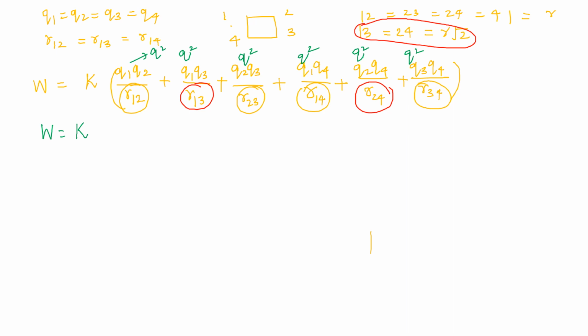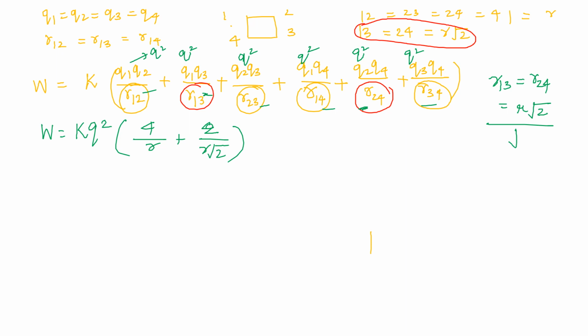As these are the same, all the Q squares come out, Q square into 4 terms of 1 upon R, plus 2 terms of 1 upon R under root 2. R13 equals R24 equals R under root 2. These are the diagonals.